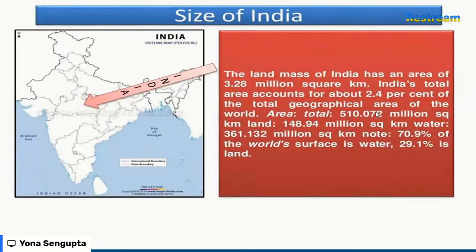India has a land boundary of about 15,200 kilometers, and the total length of the coastline of the mainland, including Andaman and Nicobar and Lakshadweep, is 7516.6 kilometers all together.